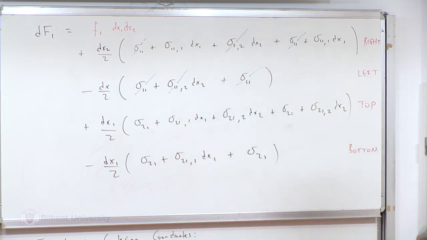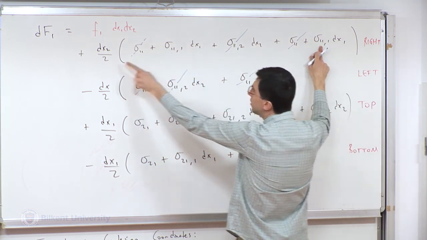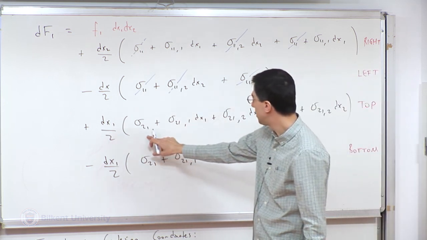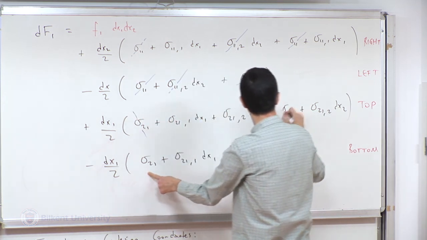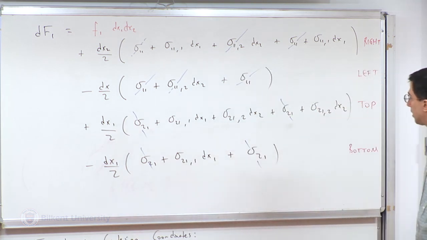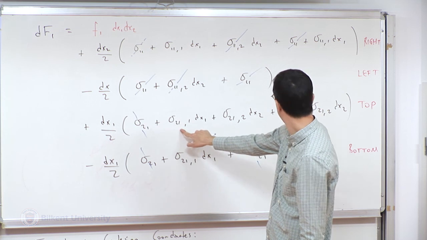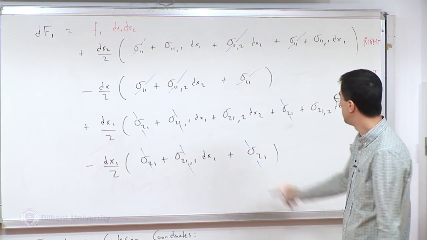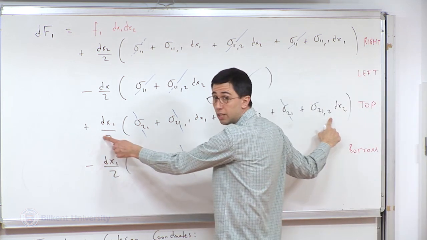Gone. And the only remaining one is 1,1, comma 1, but there are two of them divided by 2. It simplifies our life a little bit. So similarly, if you look here, the 2,1 terms are there. These are gone. Okay. And also 2,1, comma 1 and 2,1, comma 1 die away. And what I'm left with is 2,1, comma 2, and there are two of them. Okay, we'll cancel the 2.